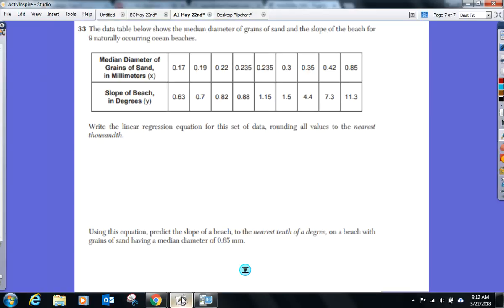Look them over before you calculate anything. Always, never 8. We never touch 8. Okay.